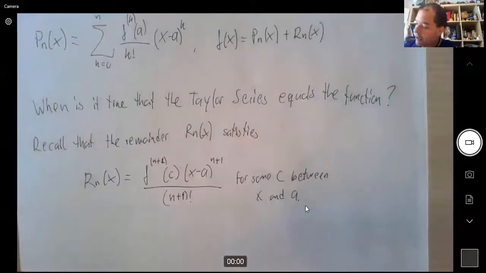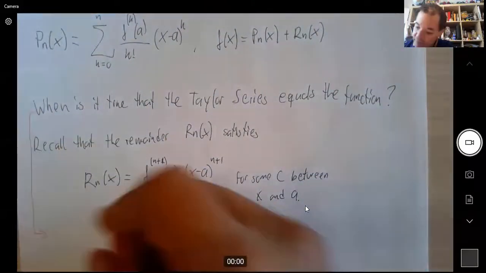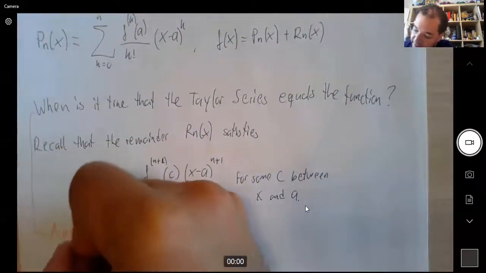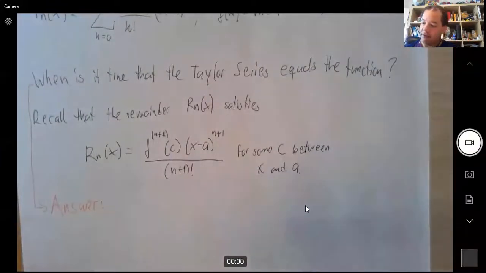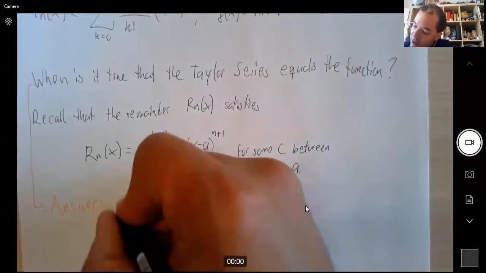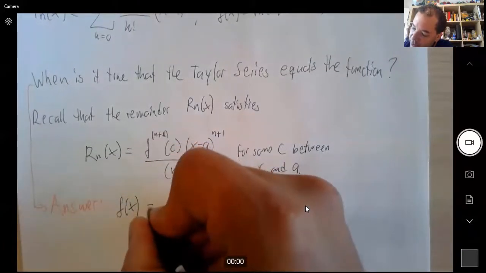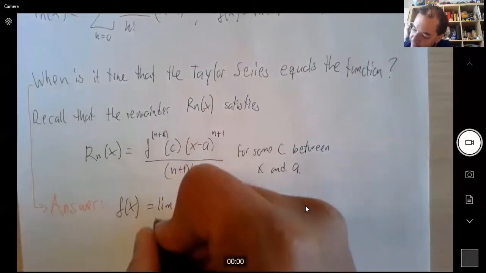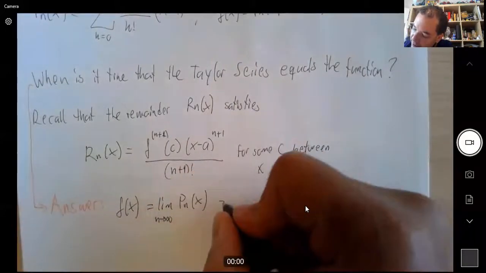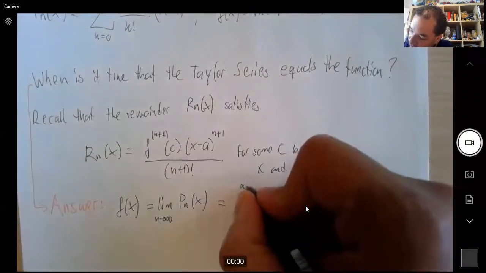So the answer to that question is, f of x will be equal to the limit of P_n of x, and the limit is precisely what we want, when we go to infinity here.